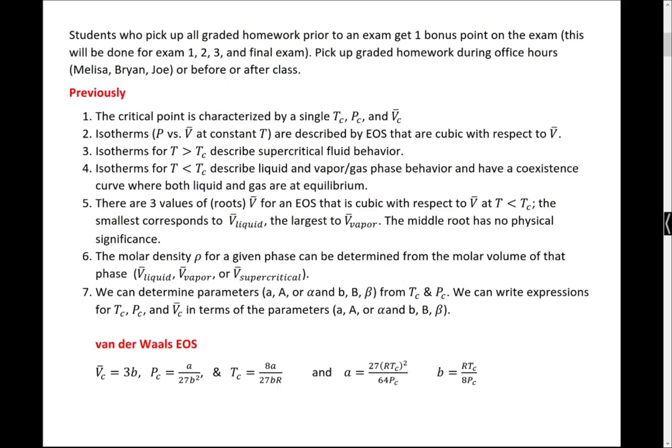So if I start at a very low pressure, we know that we expect substances to be in the vapor phase if the pressure is low enough, right? So as I increase the pressure, what I see is that I have a decrease in the molar volume, right? And that's what you'd expect for gas phase behavior. So this is a constant temperature. I'm at a temperature under the critical point, and I'm increasing the pressure.